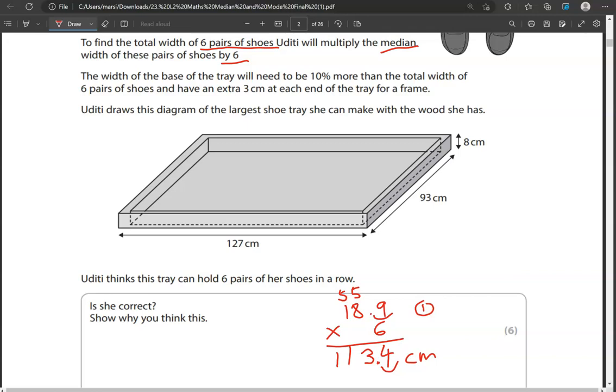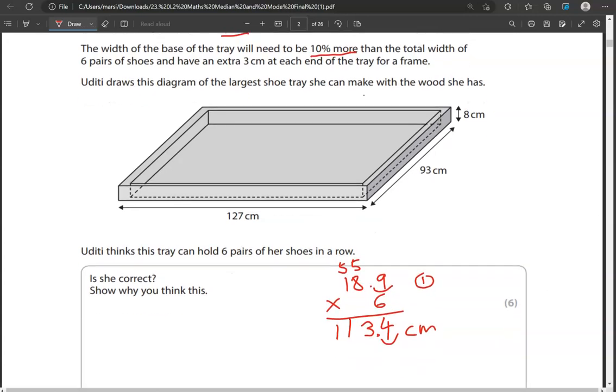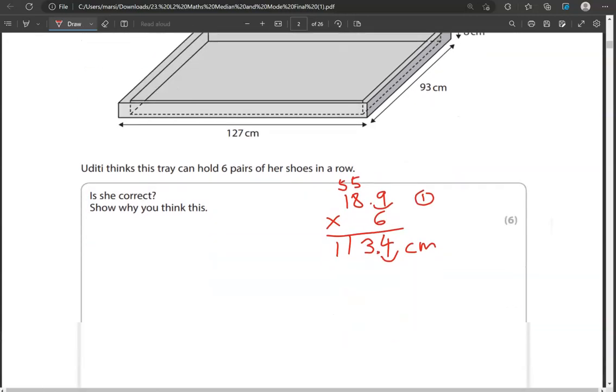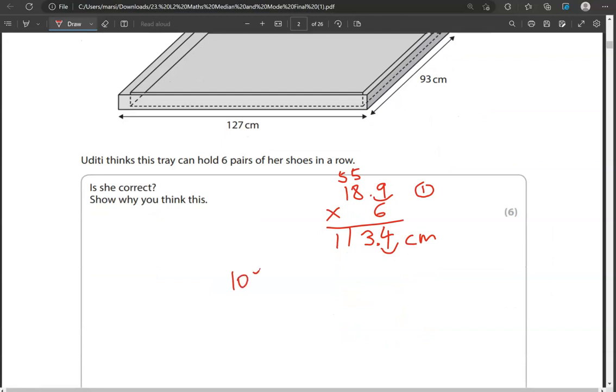Let's work it out, because it says the width of the base of the tray will need to be 10% more than the total width of the 6 pairs of shoes. So we're going to add 10% more. 10% of 113.4, that's worked out by doing 113.4 divided by 10.